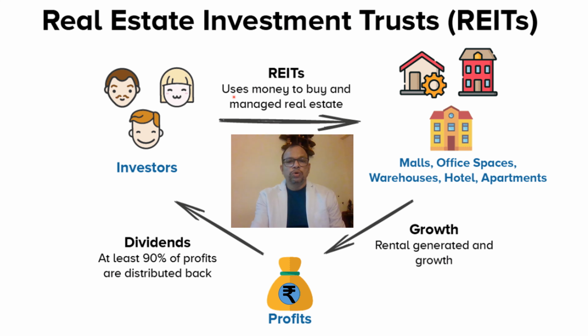The REITs use the money to buy and manage real estate properties like malls, office space, warehouses, hotels and apartments, and utilize them for generating rental income, and ultimately they distribute 90% of profit in the form of dividend to the investors.